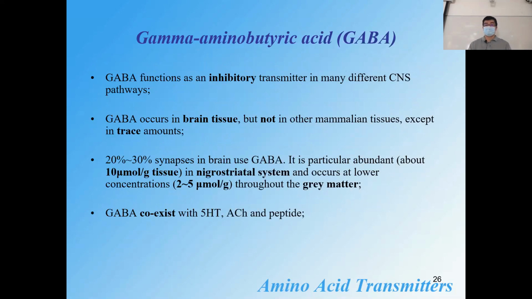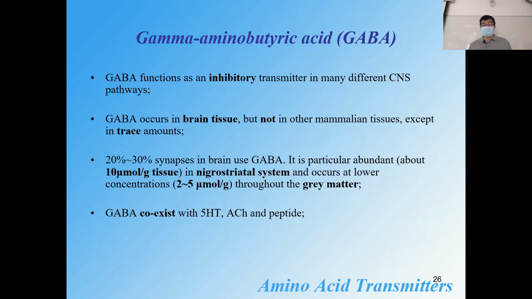Then we will go to another neurotransmitter, gamma-aminobutyric acid, GABA. GABA neurotransmission is inhibitory, and it's very important as well, because if it is added on, it can suppress transmission.